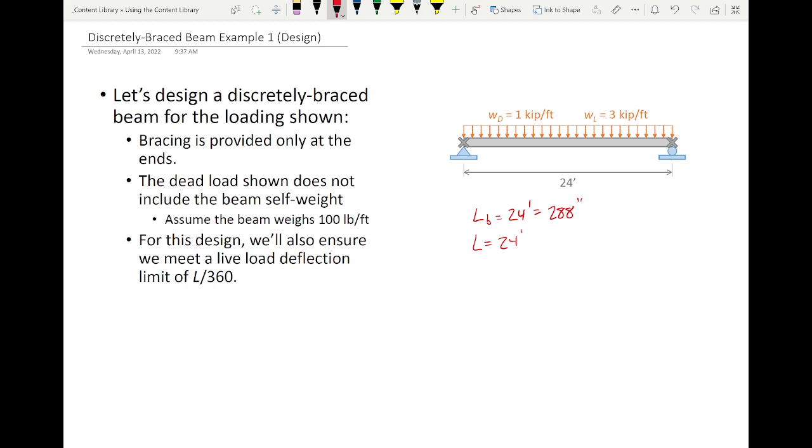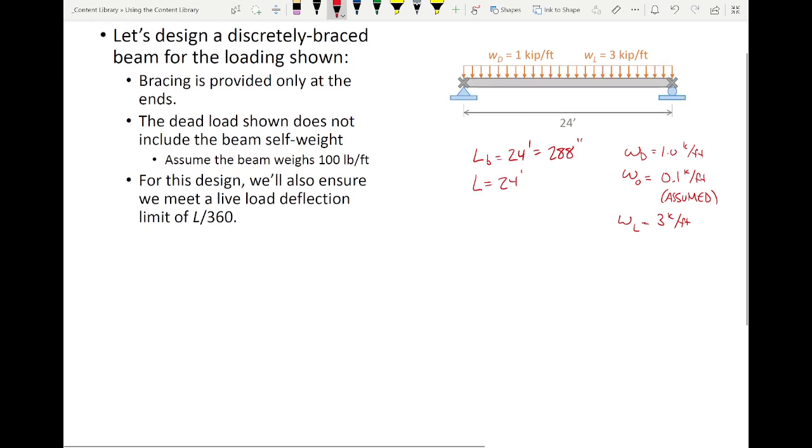Now we've been given a dead load of 1 kip per foot and a self weight of 0.1 kip per foot. We're going to say that's assumed. And then we were given the live load of 3 kips per foot. Okay.